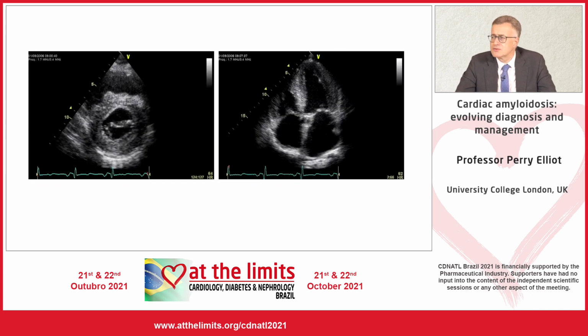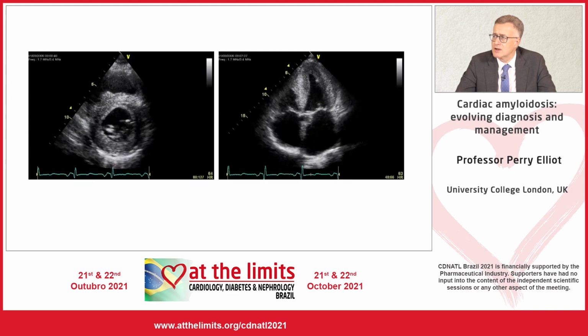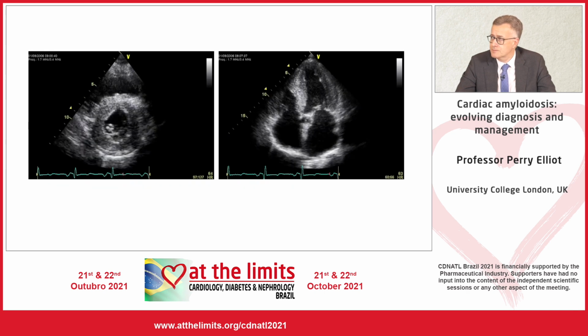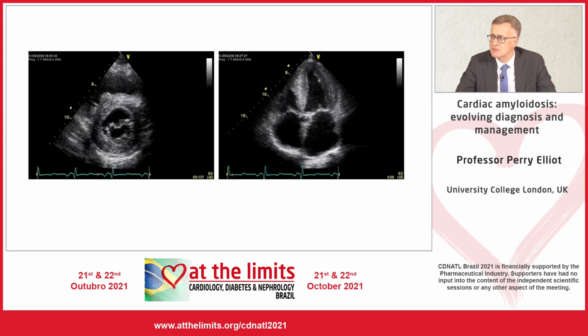Again, some examples. Here you see concentric left ventricular hypertrophy in the short axis view on the left and in the apical four-chamber view on the right. Please note here that the ejection fraction, as calculated on this image, is probably within the normal range because of relative preservation of radial function.